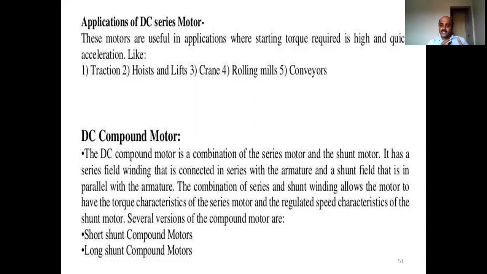The combination of series and shunt windings allows the motor to have the torque characteristics of the series motor as well as the regulated speed characteristics of the shunt motor. This is what we call a DC compound motor. Of course, these DC compound motors are of two types. One is called the short shunt compound motor. The second one is called the long shunt compound motor.